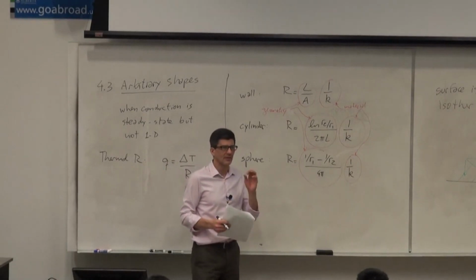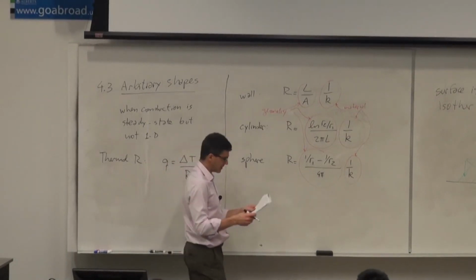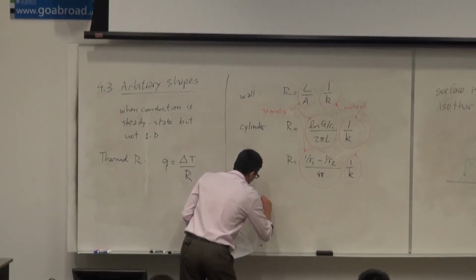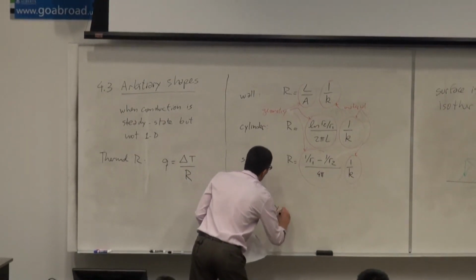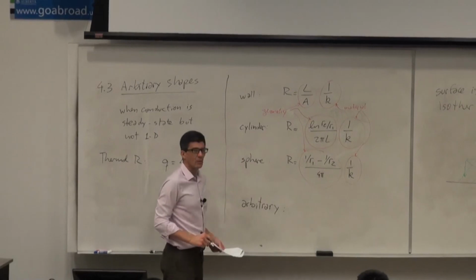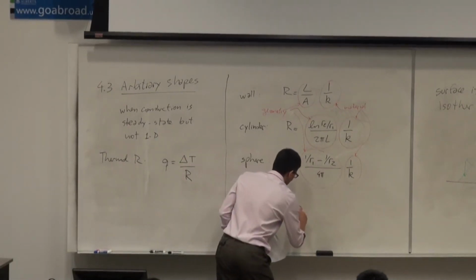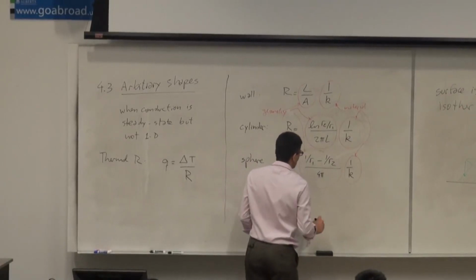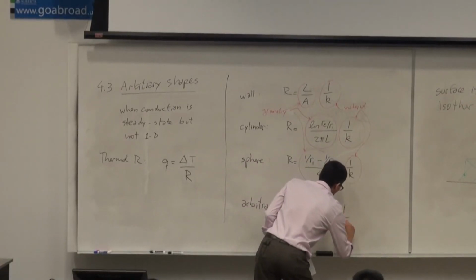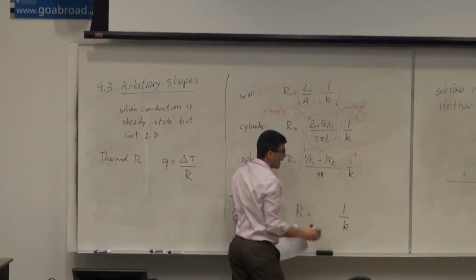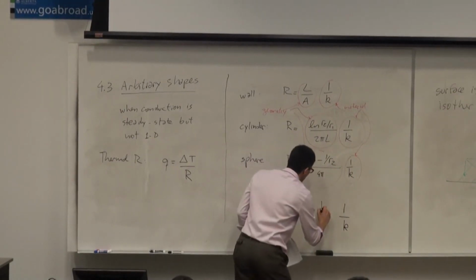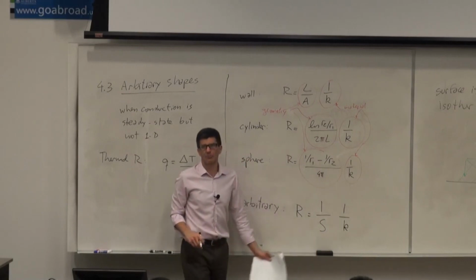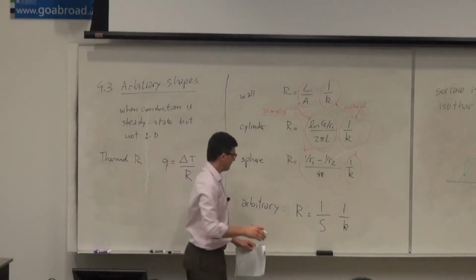And here's where this is engineering at its best. Stay with me, because this is just awesome. So they say, all right, what we're going to do is say that the resistance for whatever shape you like is going to be this 1 over K, as we always have, something about the material, and something about the geometry. This, that they write as 1 over S, this is the shape factor.